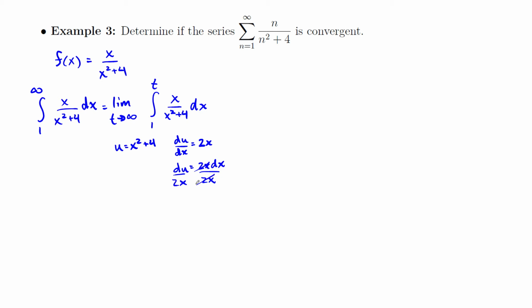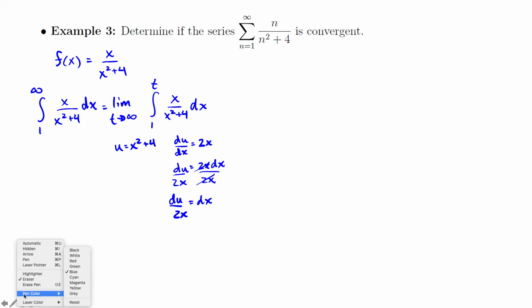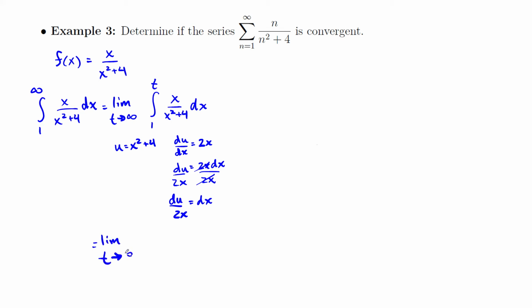I think that's the way that students tend to like to look at it. So du over 2x is dx. And so we can do those substitutions. Of course, please don't forget about changing your limits of integration, right? That can be a place where u-substitution can bite us. So this will be the limit as t goes to infinity.